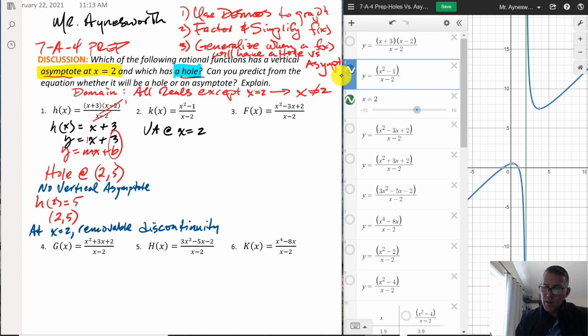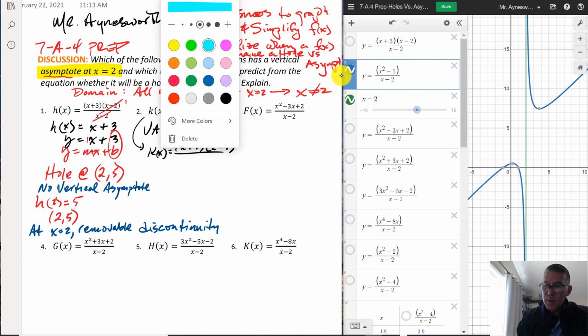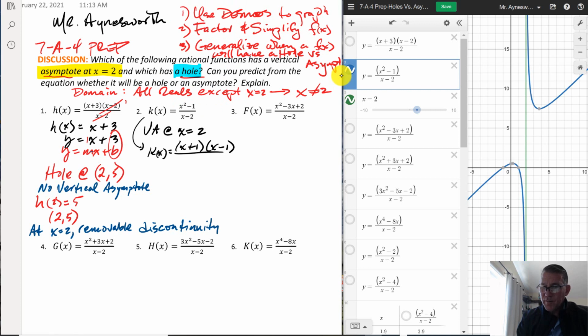So why is that? Well, let's factor it. We haven't done step 2, factor and simplify. So let's factor k of x. Now the numerator is a difference of squares, so you factor it as x plus 1 times x minus 1. This is why we prepped you with factoring, because you have to know this basic stuff.